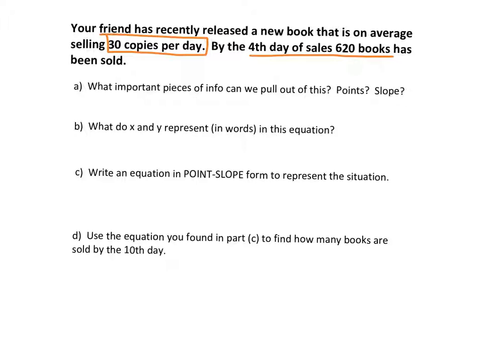First is that anytime we see this word per, it's typically talking about the slope. So if it says that you're selling 30 copies per day, what that's really saying is 30 copies of books per day is our rate of change in our situation, and that is typically our slope. So our slope here is going to be 30.